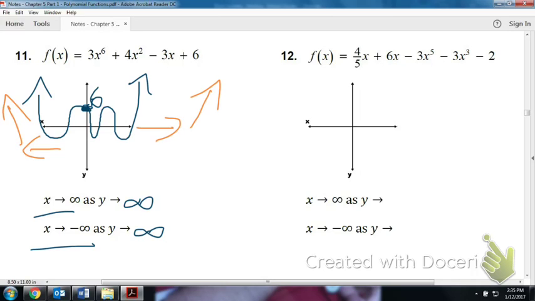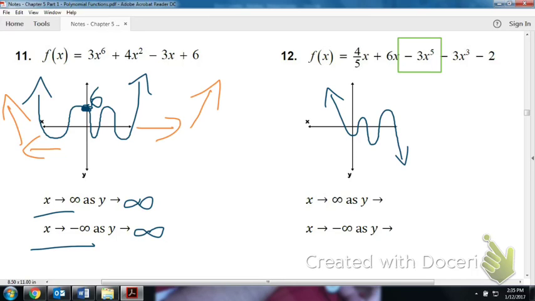Right? Number 12, last one, highest exponent is 5, so the degree is 5. So we're going to have 4 turns. The leading coefficient is negative 3. So we start from the upper right or the bottom right? Bottom right. So here we go. We need 4 turns: 1, 2, 3, 4.